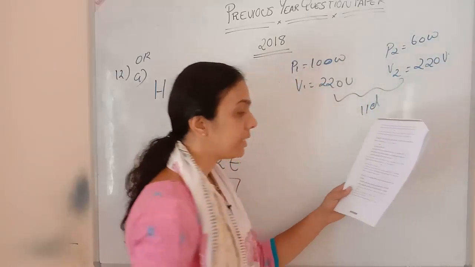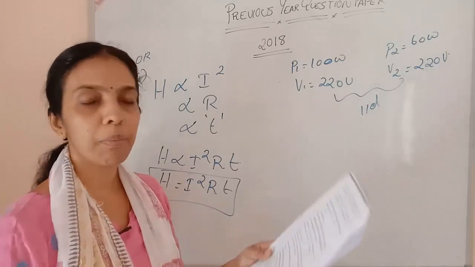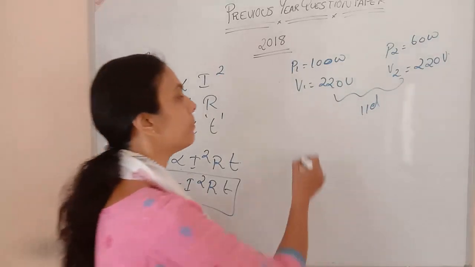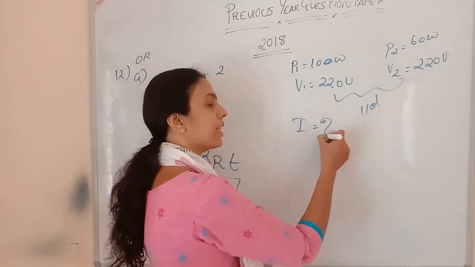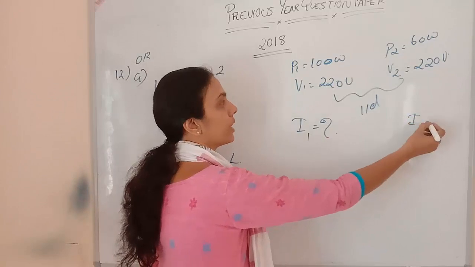Find the current drawn by two bulbs from the line if the supply voltage is 220 volt. Current we should find out. Current will be different in parallel connection. So I1 we can find out, I2 we can find out.